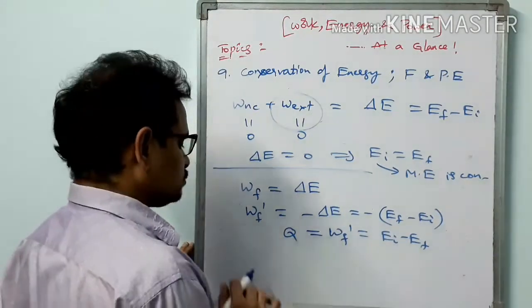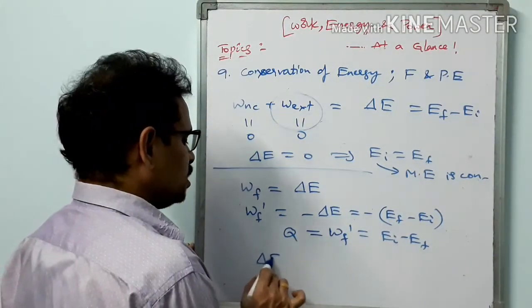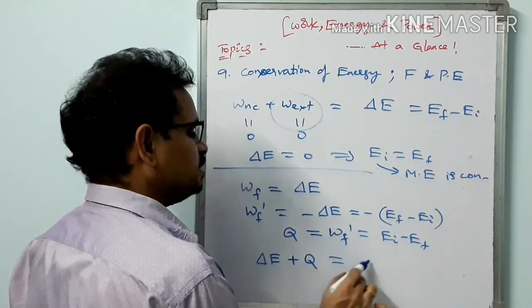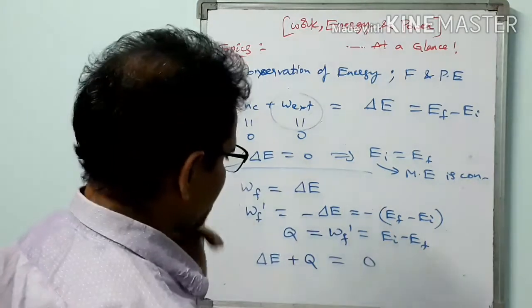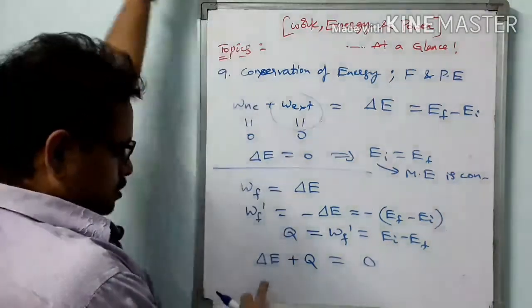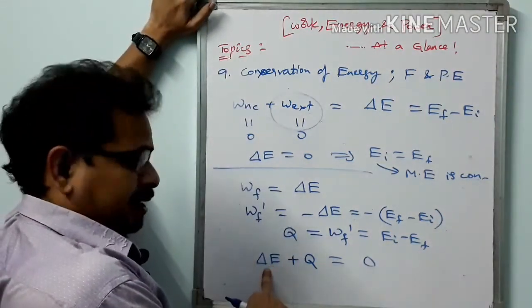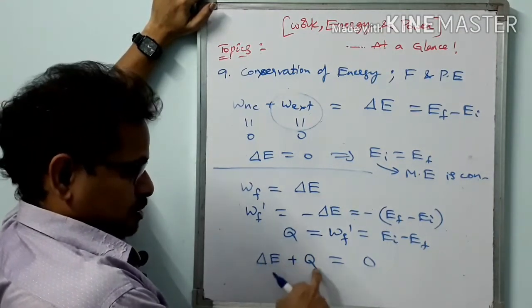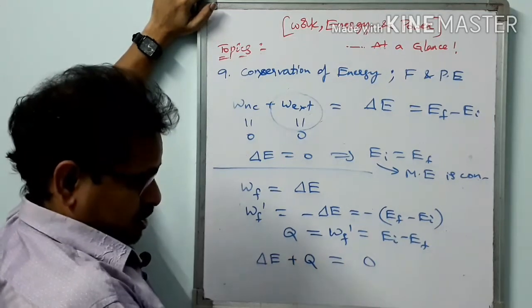So now the change in mechanical energy plus heat energy equals 0 here. The mechanical energy lost plus the lost energy which is in the form of heat energy, the sum is 0.